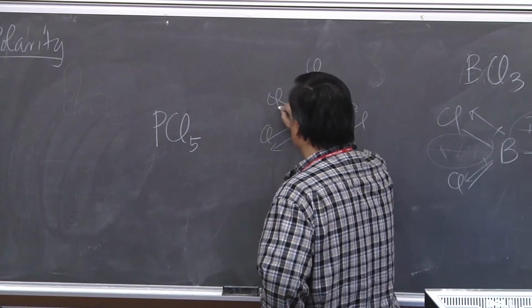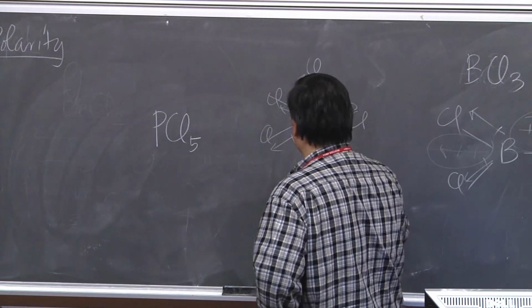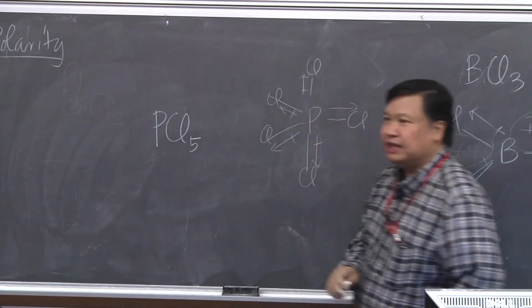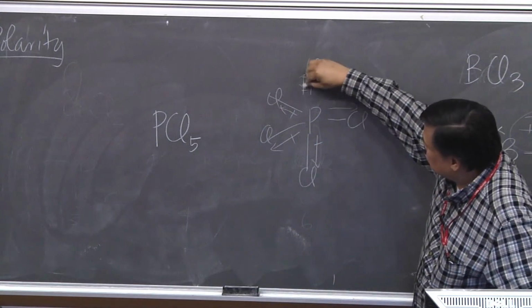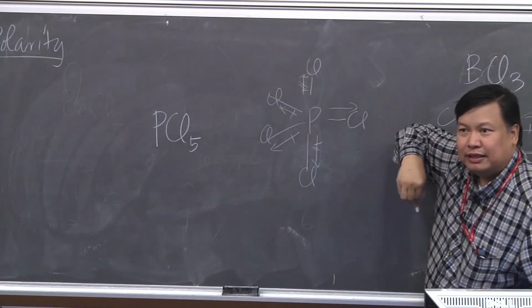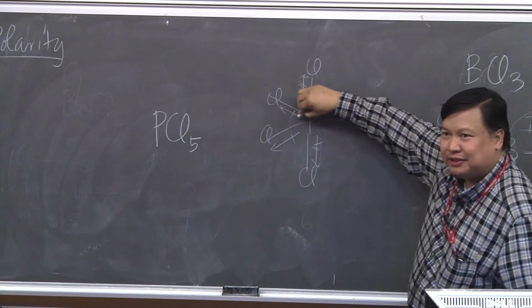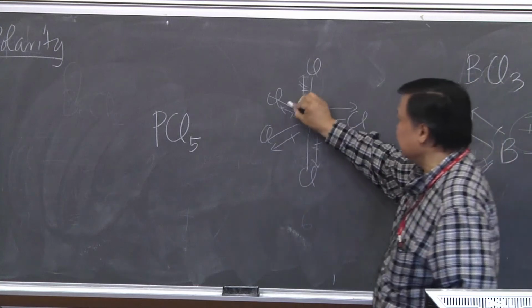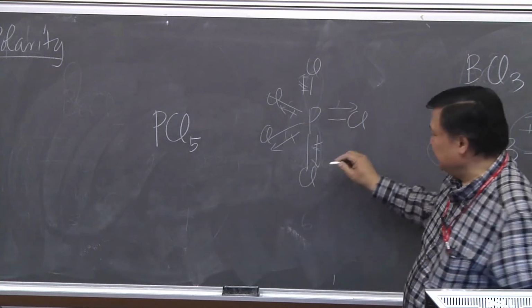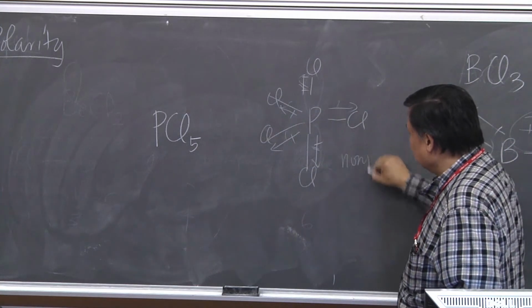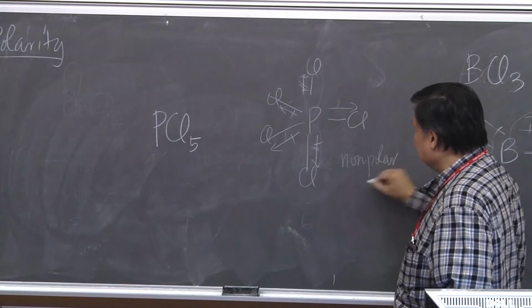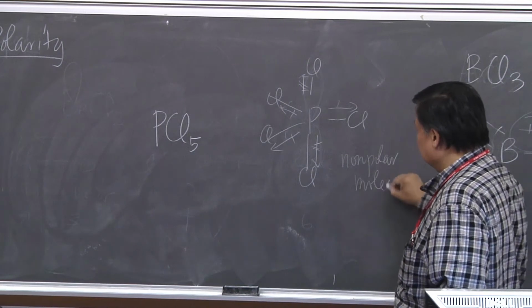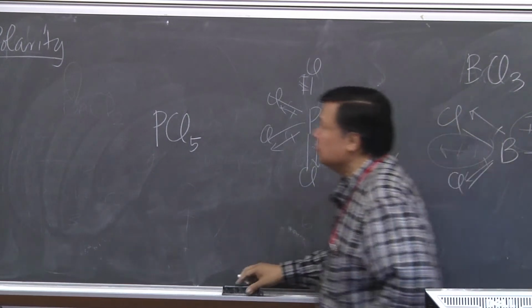Very good. Why did we say it's non-polar? These two will cancel out, right? And remember we saw this already before? That's also going to cancel out. So this will be a non-polar molecule. Okay?